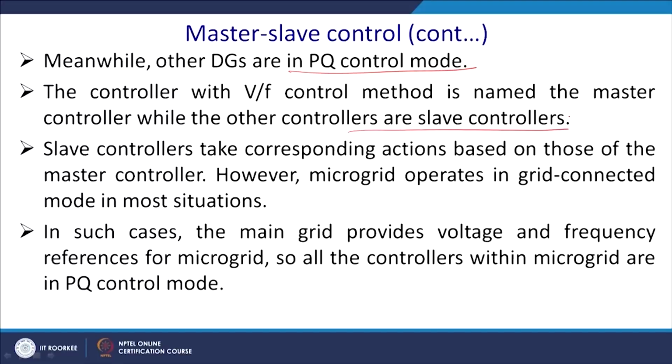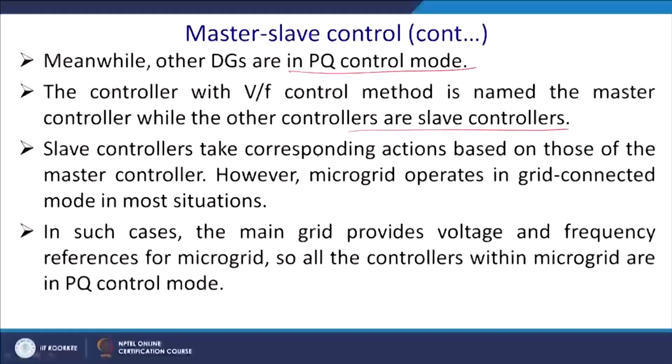Only the master controller will set the frequency and the voltage of the bus; the others will follow and maintain the PQ control. Slave controllers take the corresponding action based on this master controller.